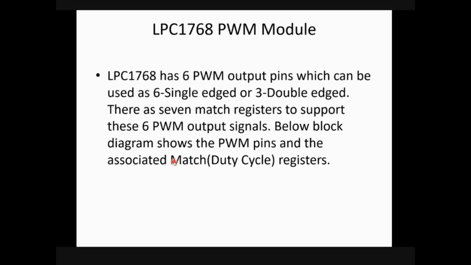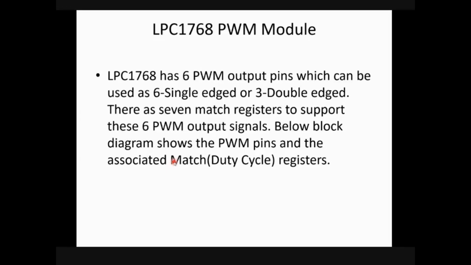First, I'll explain the PWM module of LPC 1768. LPC 1768 has 6 PWM output pins which can be used as single-edged PWMs. Totally 6 single-edged PWMs we can use, or 3 double-edged PWMs. There will be match registers in the PWM module of LPC 1768.